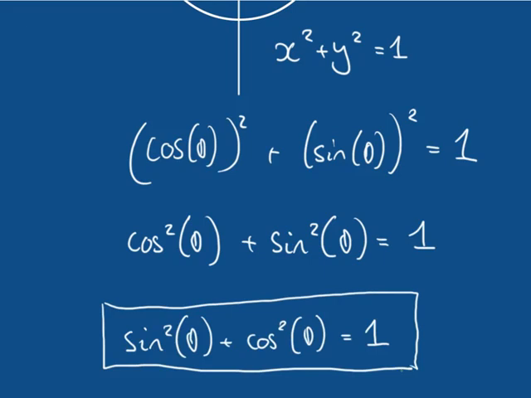Now this identity itself only occasionally comes in handy. If we know the cosine of an angle, we can find the sine of the angle, or vice versa. It can also be very useful for deriving and proving more complex trigonometric identities, though we won't actually see that in this DVD. But if you get into more advanced trigonometry and you start looking at some of the more complicated identities that are, for example, on that Wikipedia page, you will see that sine squared theta plus cosine squared theta equal to 1 can be used to prove these more complicated identities.